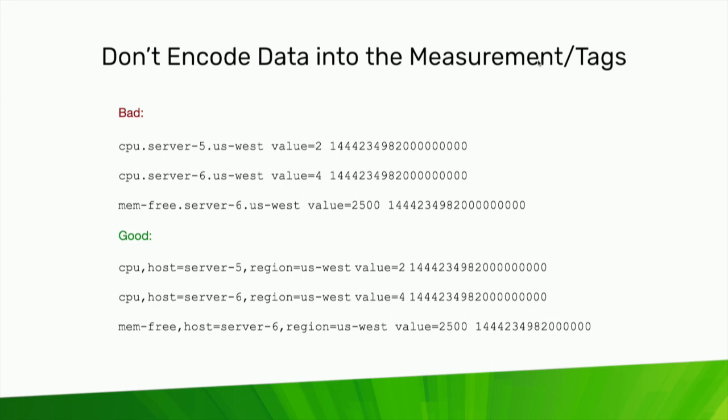It encapsulates all the information, but in Influx, we can separate things out to get a lot more flexibility from our query language. So it's much better to have a measurement called CPU and then 2 tags, host and region, where those values are separated across. Still to this day, I see people doing this where they encode a bunch of information that really should be separate.